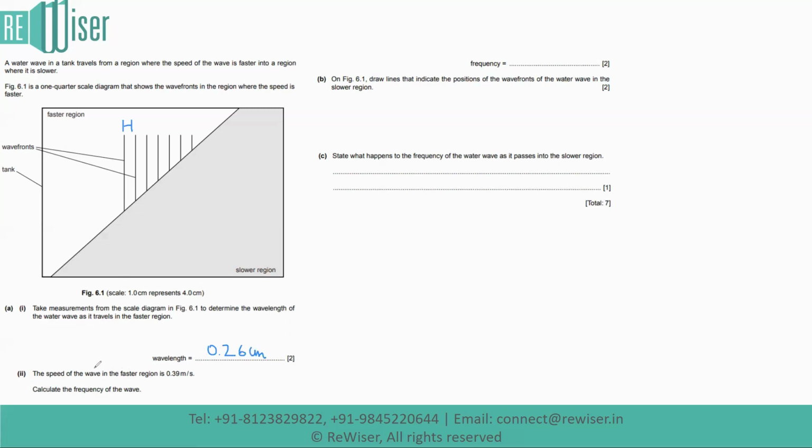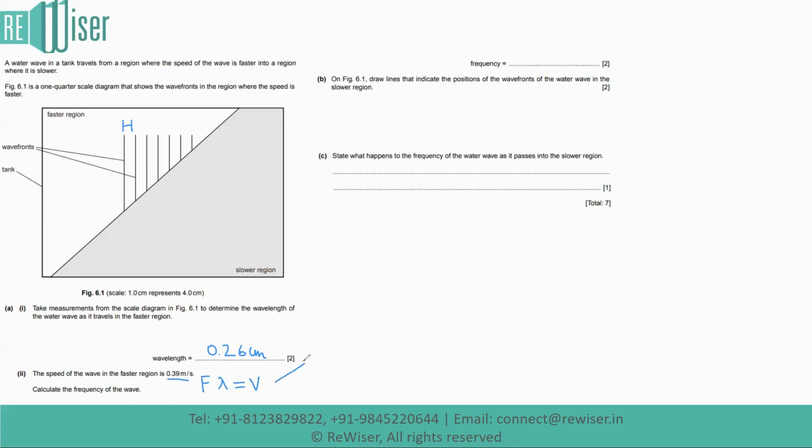The speed of a wave in the faster region is 0.39 meter per second. Calculate the frequency of the wave. We use the same logic here. In the faster region, the wavelength is given, the speed is given, frequency is what we need to find.